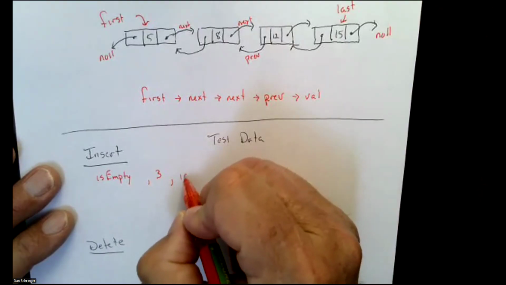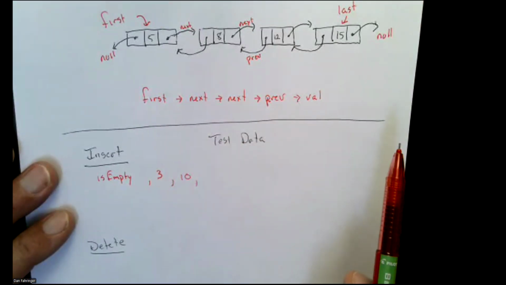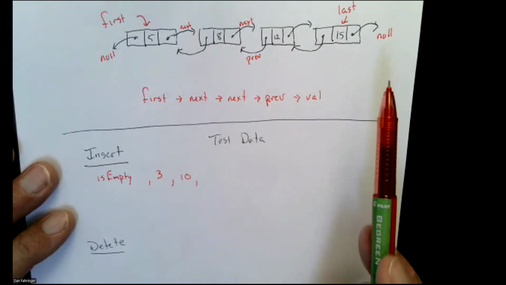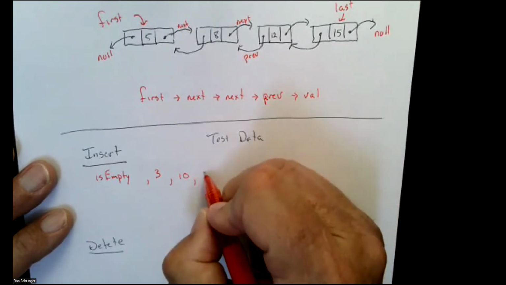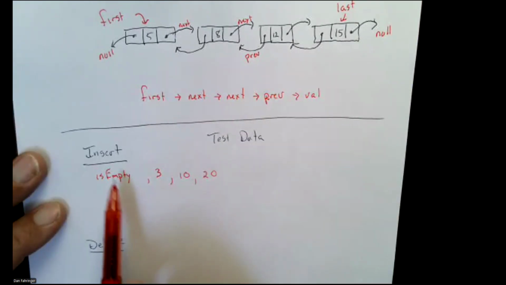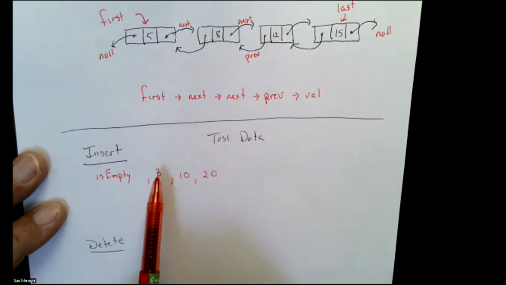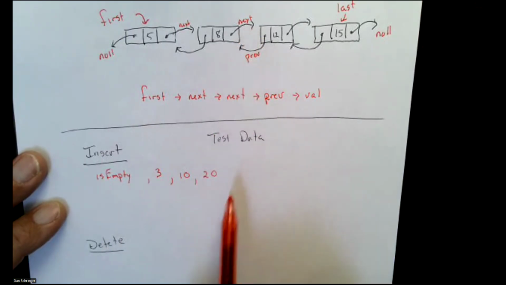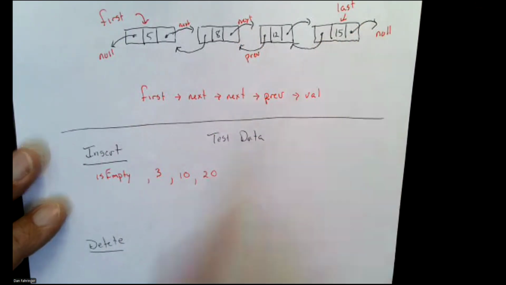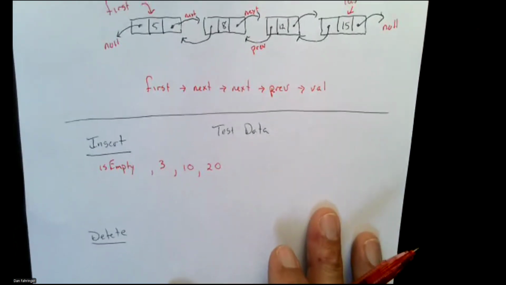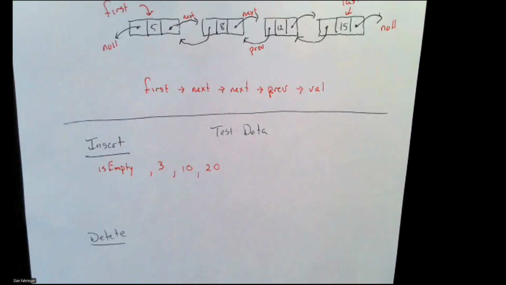One more. 20. Excellent. Is it empty? What happens if I put it at the very beginning? What happens if it's in the middle? What happens if it's that last one? Give me some numbers for delete.